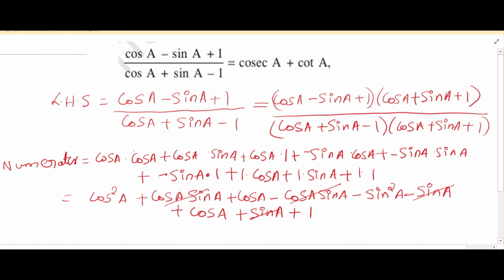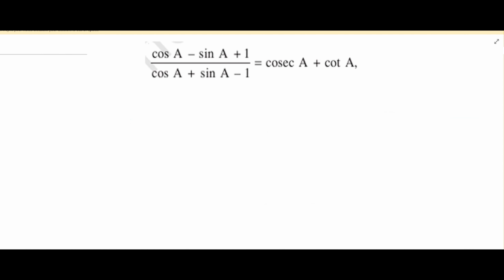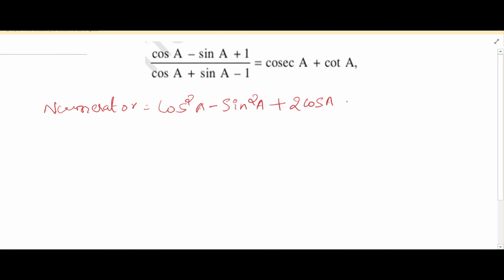The rest we can write as: our numerator is equal to cos square A minus sin square A plus 2 cos A plus 1.